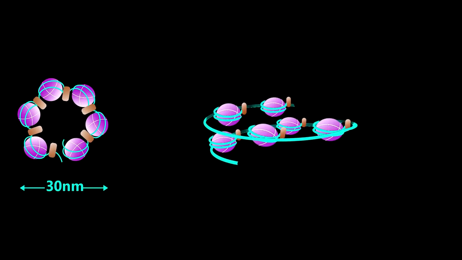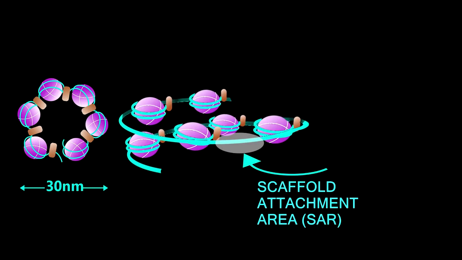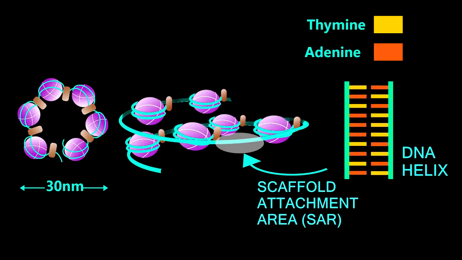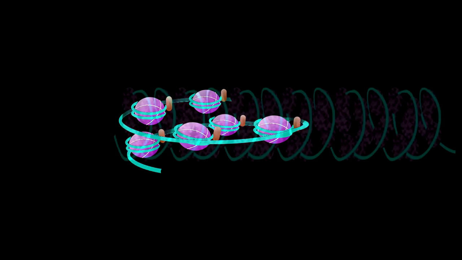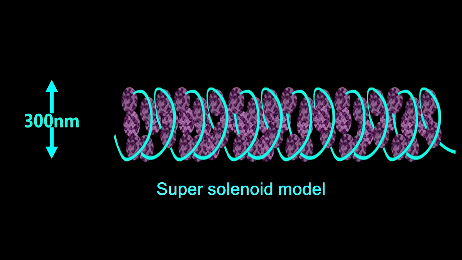In this solenoid, there are some scaffold attachment regions, or SAR. SAR is the specific area where adenine and thymine are found in plentiful numbers. Scaffold proteins join in the SAR region and make a super solenoid model of 300 nanometer diameter.